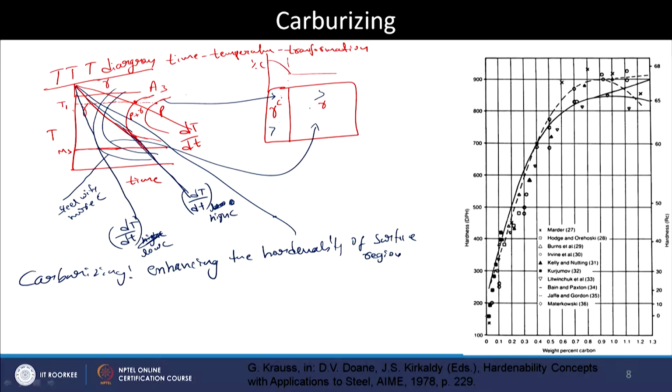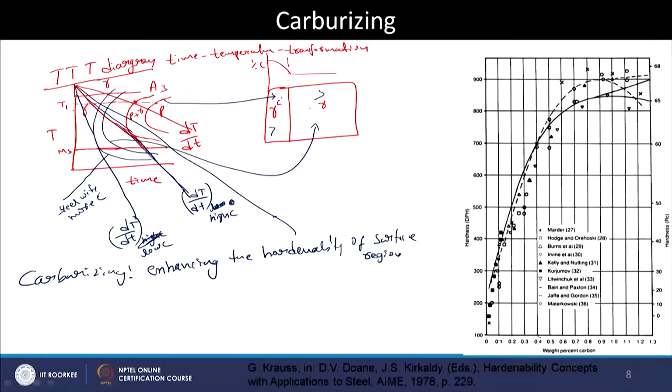You see that initially there is a very small increase in the hardness, but if you want a significant rise in the hardness, you need martensite with more carbon. For example, if our aim is to get about 60 Rc for the surface, then we should have at least about 0.4 weight percent carbon. So, that is where we need a martensite which also has a decent amount of carbon inside.